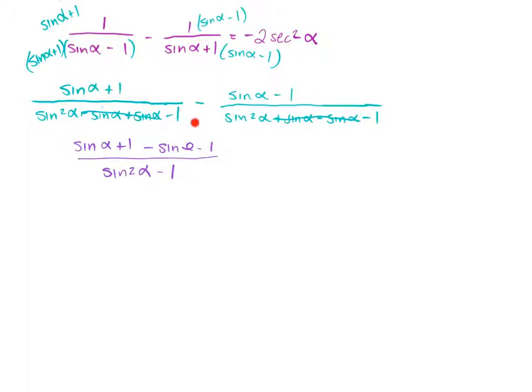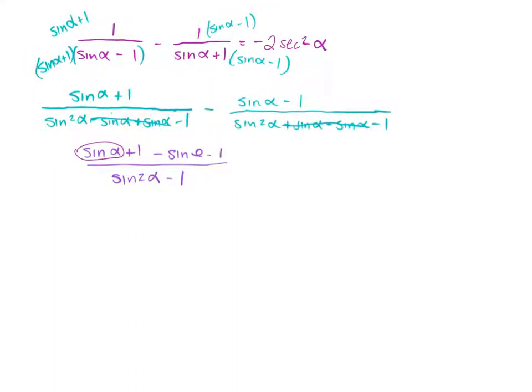I'm going to go ahead and work with the top before I get into the bottom and just cancel out what I can. I have sine alpha, and then this should have been in parentheses. So this is actually a minus sine of alpha, and then this would be a plus 1.